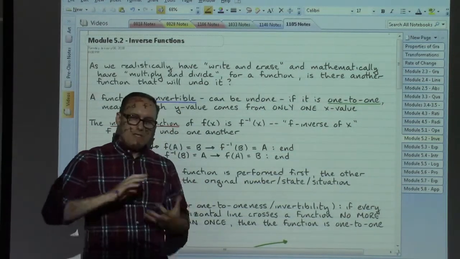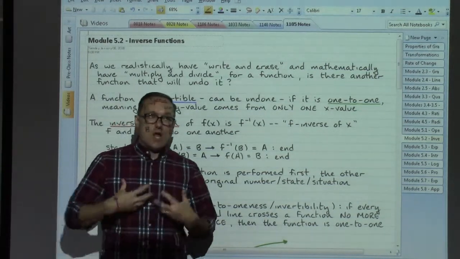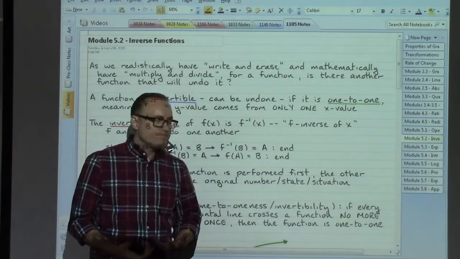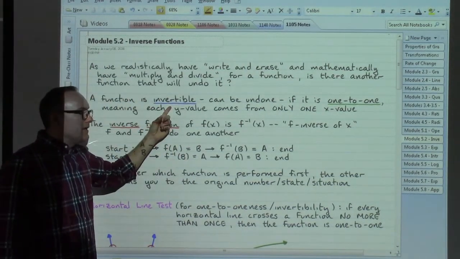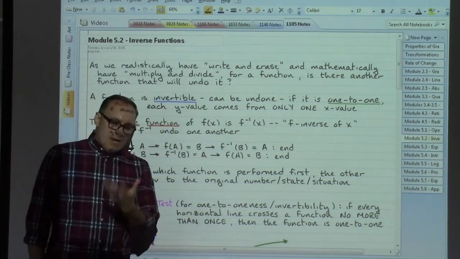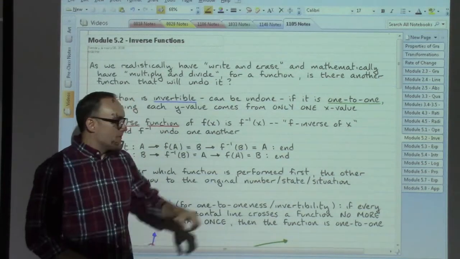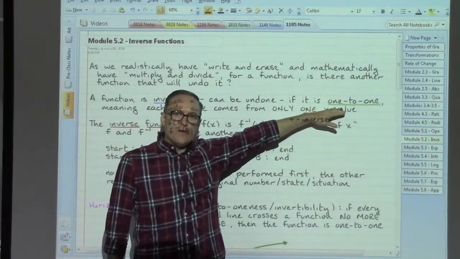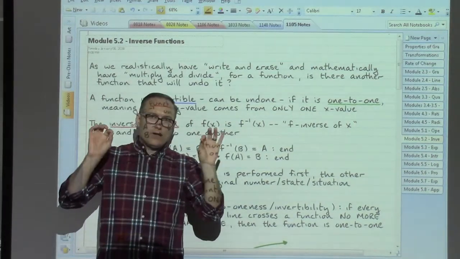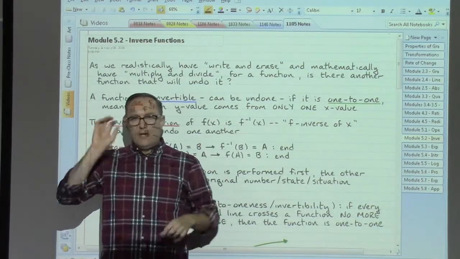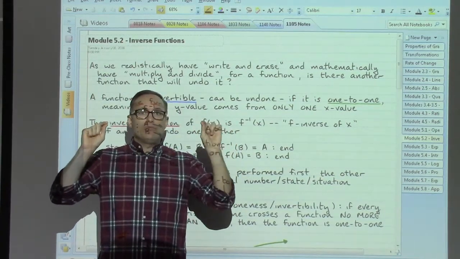So if there is something like that, cool, we can undo the effects of that function. It would be what we call invertible. Now, as it turns out, only certain kinds of functions are invertible, and those are referred to as one-to-one. So there's got to be a one-to-one correspondence, x value, y value, that goes in both directions.